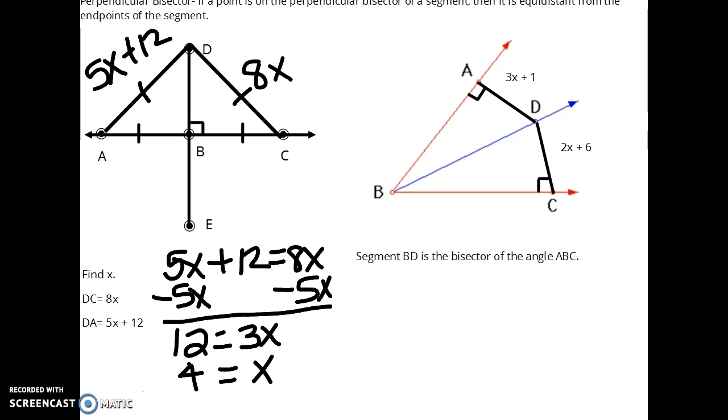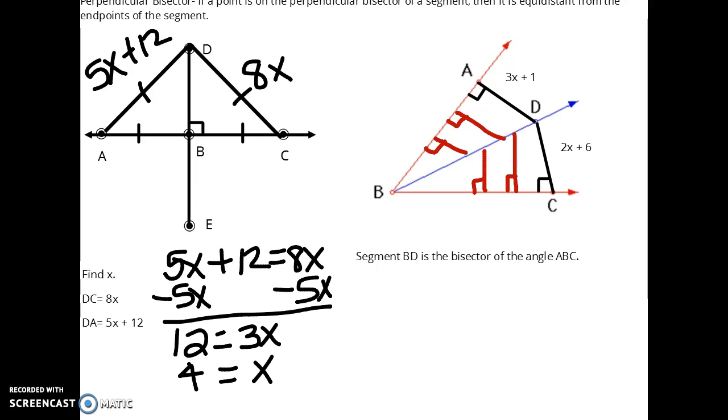Okay, now let's talk about a segment bisector. It is related to the perpendicular bisector, but segment bisectors are a little different. This is our segment bisector here. BD is the segment bisector of angle ABC. The difference is there are no perpendicular angles that the segment bisector creates. However, any lines that we draw from the segment bisector touch the corresponding side at a 90-degree angle.